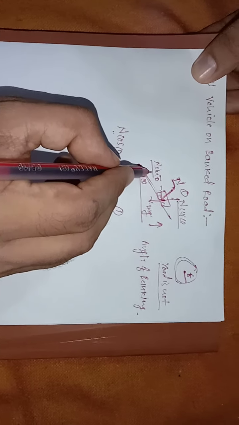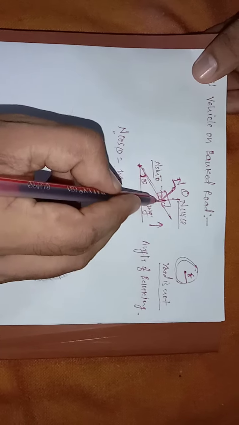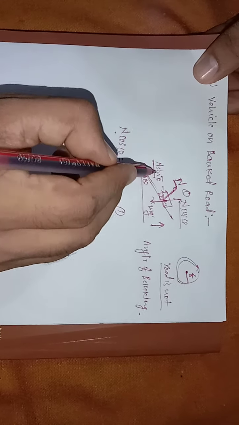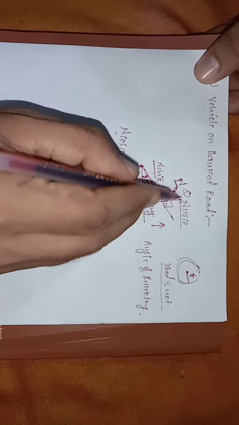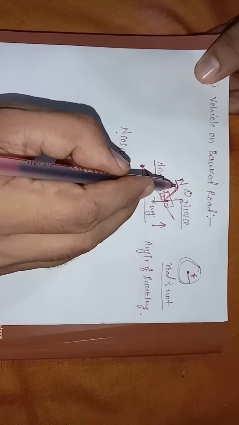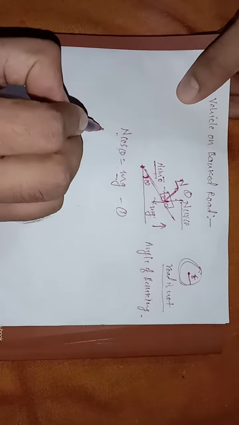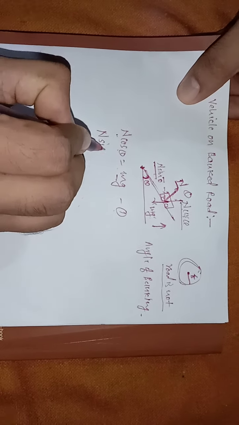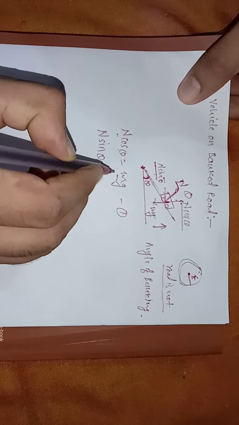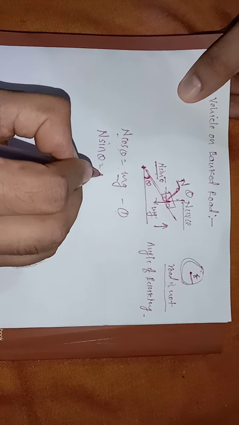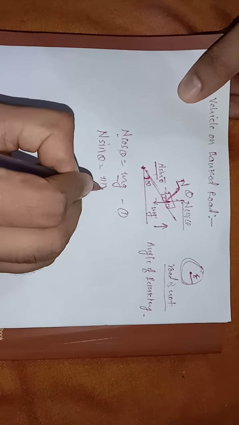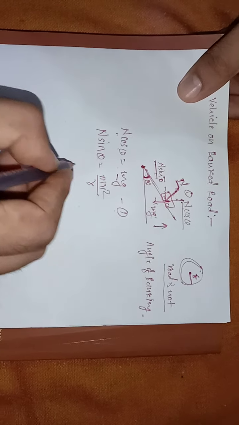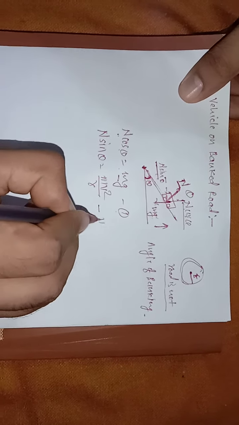This is because the weight of the vehicle is balanced by the vertical component. The second component of the normal reaction is directed towards the center, so it provides the necessary centripetal force for the circular motion of the vehicle. So we write the second equation: N sin theta is equal to the centripetal force, mv square upon r. Say this is equation number 2.